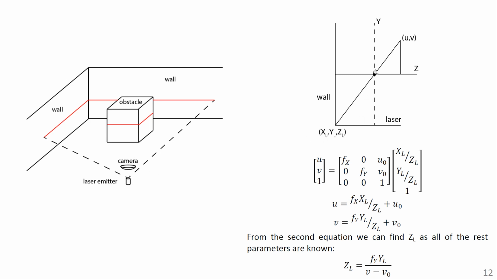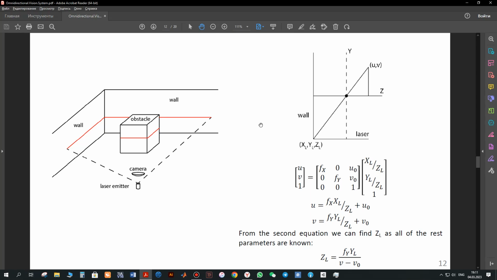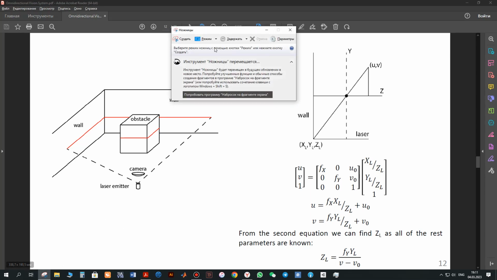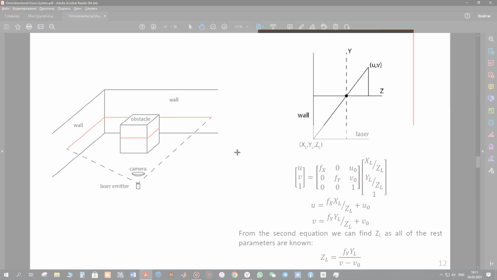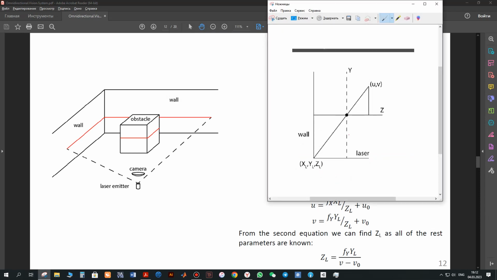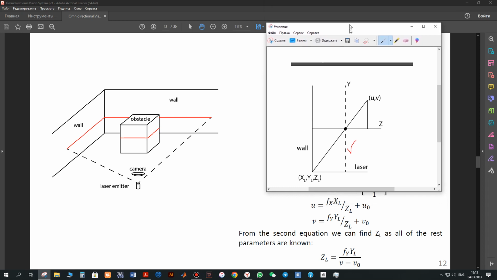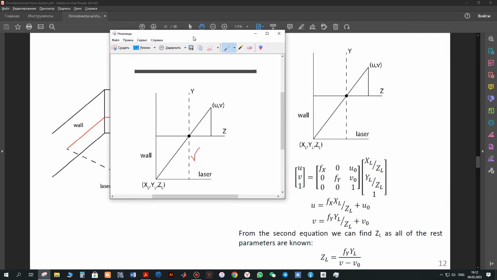So this distance is known to us. So this part is known to us, and we want to find the distance from our camera to the wall. So this distance we want to find.